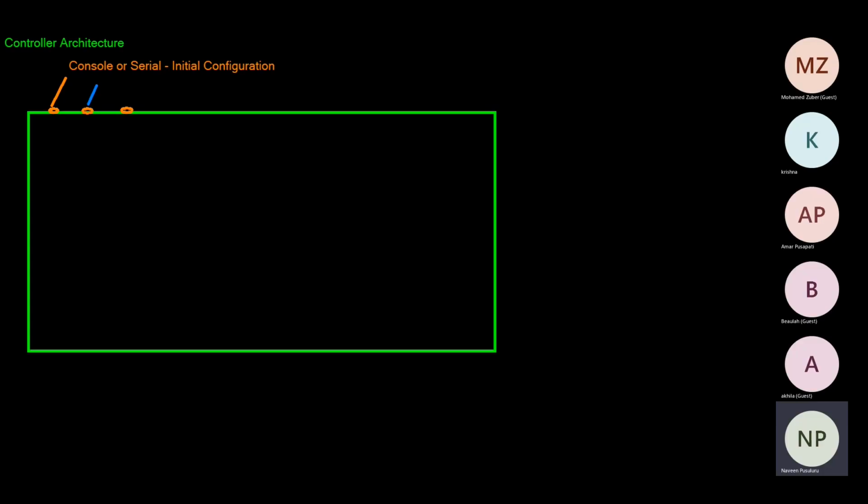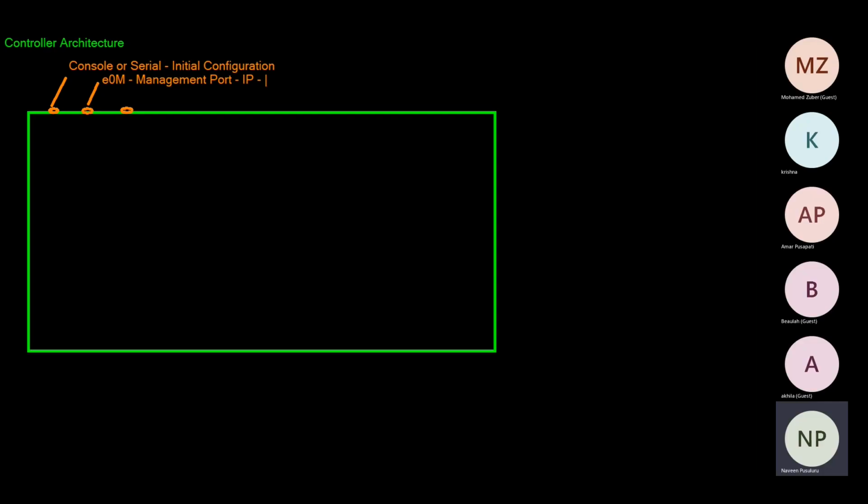Next, let's talk about E0M. E0M is a management port. During the initial configurations, which we perform through the console, we will configure an IP address to this management port.